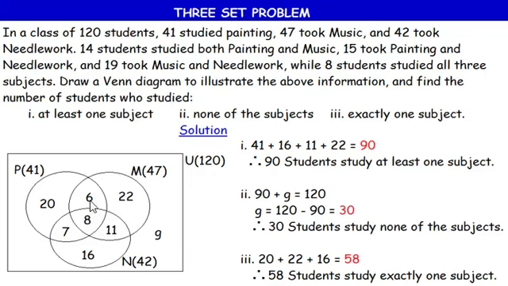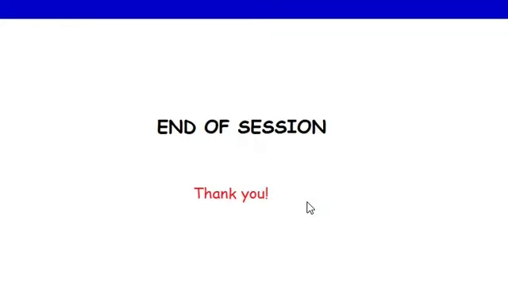All the three subjects. Here is for painting and music only, here is for painting and needlework only, here is for music and needlework only, here is none of the three subjects. See, once you have this understanding in mind, no matter what question you are given, you should be able to solve, right?